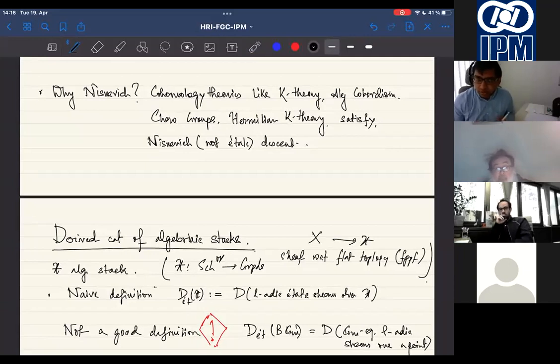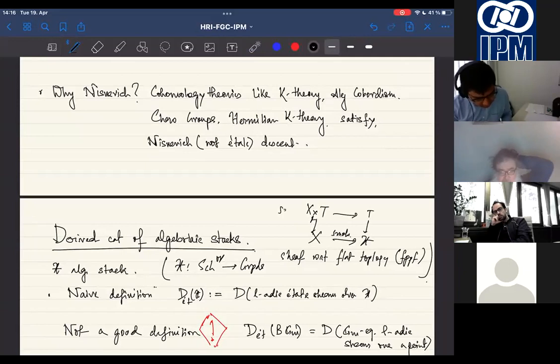You have this analogy. So you have a morphism from a scheme to an algebraic stack which is smooth and surjective. That means that if I consider any other scheme mapping to the stack, and I consider the fiber product, at first this should be a scheme, and this morphism of schemes is smooth and surjective.